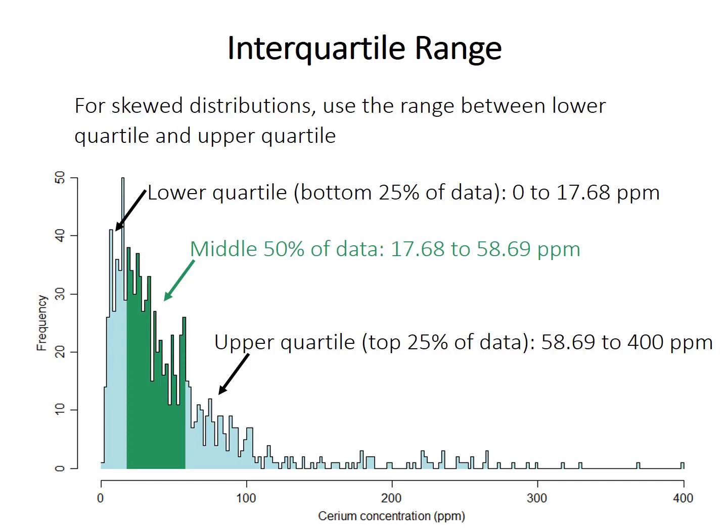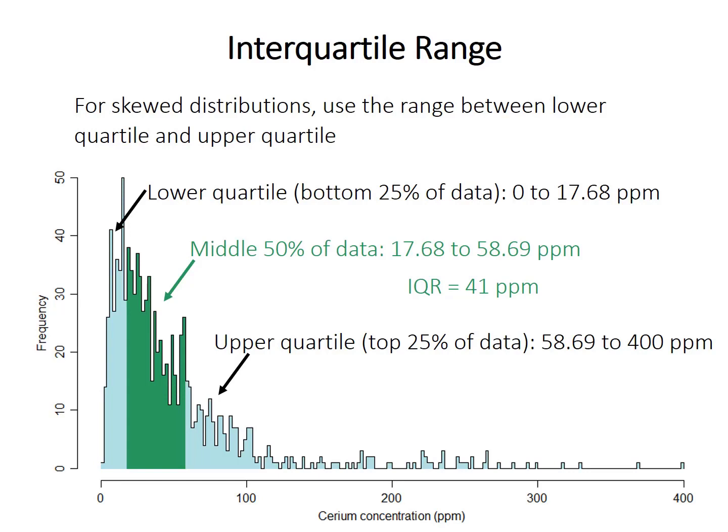It extends from the lower quartile, where 25% of data points are smaller, to the upper quartile, where 25% are larger. In this example, the lower quartile is about 17.7, and the upper quartile is about 59. So the interquartile range is about 58.7 minus 17.7, or 41 parts per million in this case.